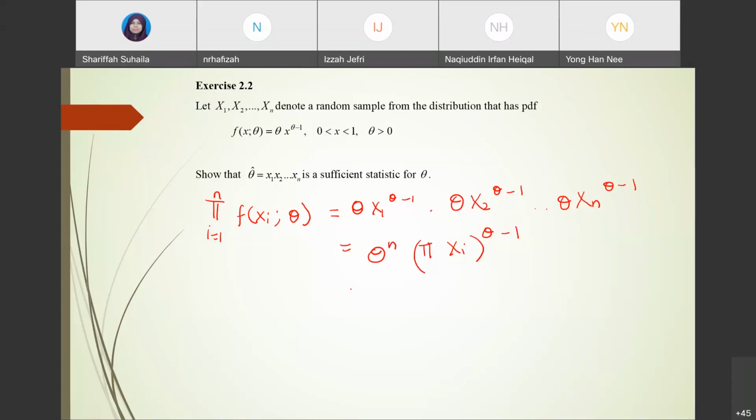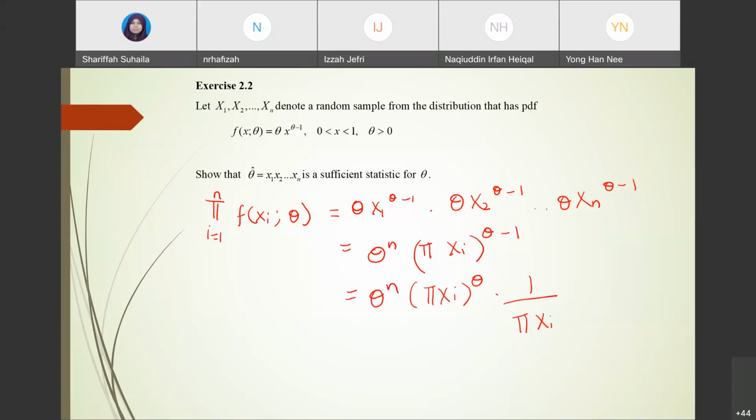So if we look at this one, you have theta to the power n. If I split it, product xi to the power theta. So I have this one, right? Okay, so you have theta to the power n, product xi to the power theta, and then 1 over product xi.